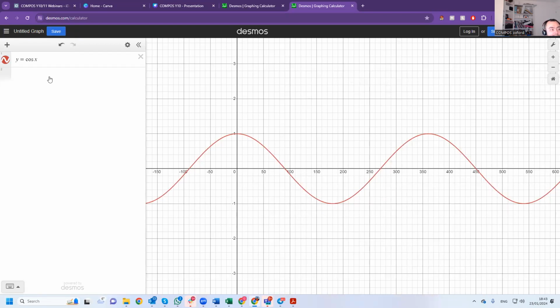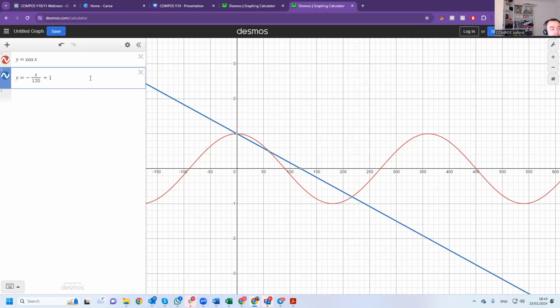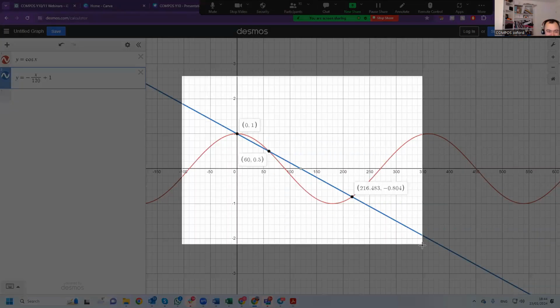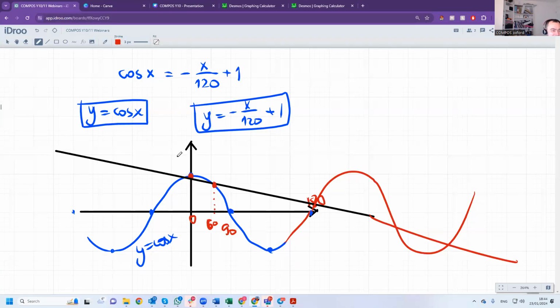And then you have y equals minus x over 120 plus 1. So you can see three points of intersection: 0, 60, and 216.8483. I was not anticipating this, so apologies. That wasn't planned.